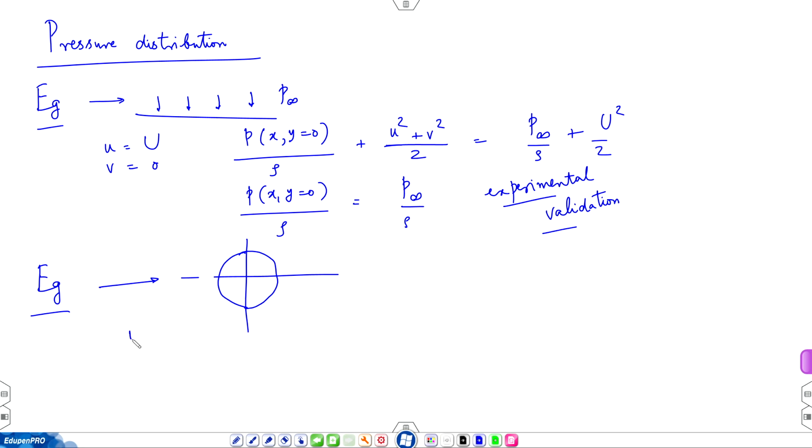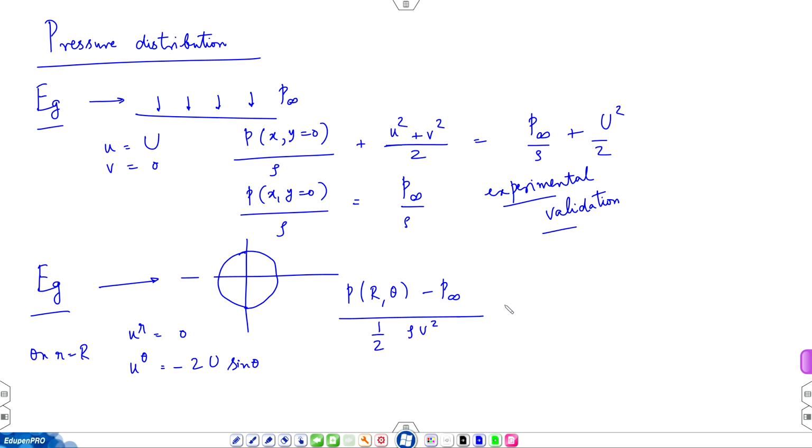And on the surface of the cylinder, we got u r equal to 0 and u theta equal to minus 2 U sin theta. Hence, you remember the result: (p(r, theta) minus P infinity) divided by half rho U square was 1 minus 4 sin square theta.